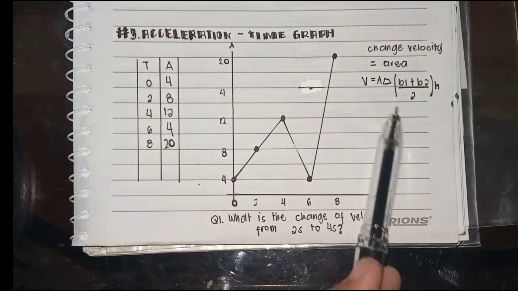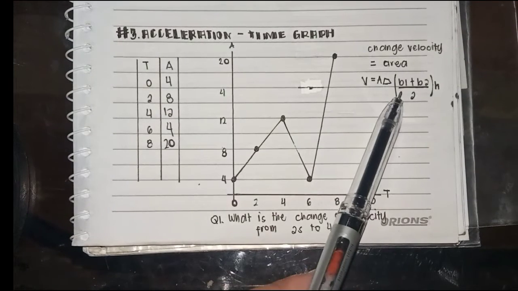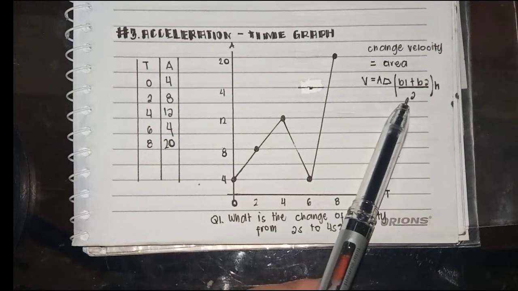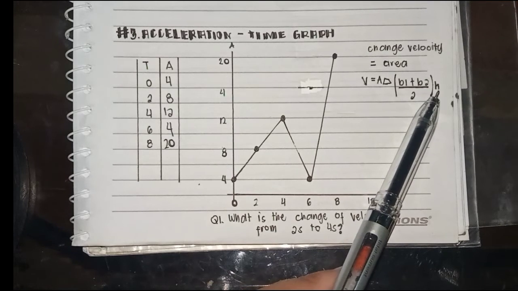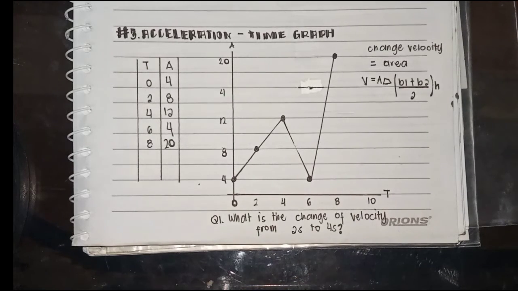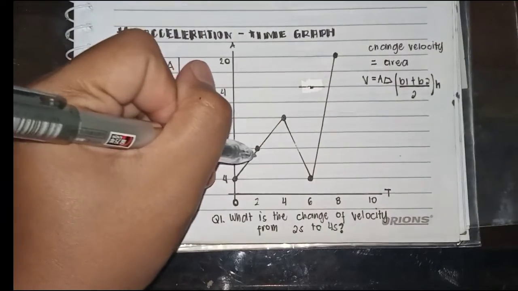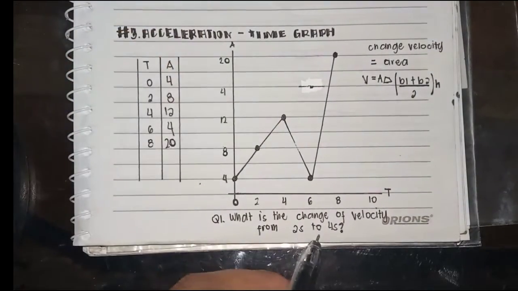The formula of the area of a trapezoid is base 1 plus base 2 over 2 times height. So our base 1 here is from 2 seconds to 4 seconds.